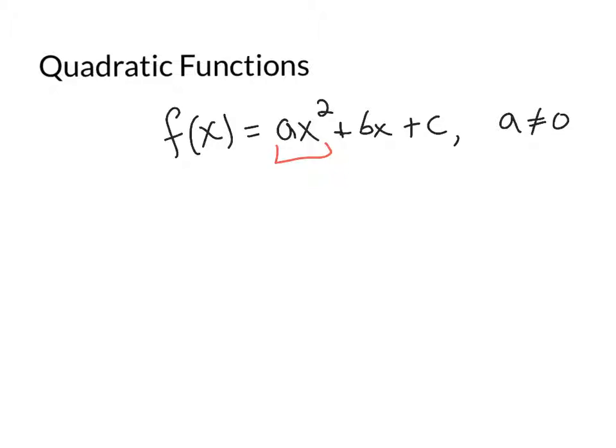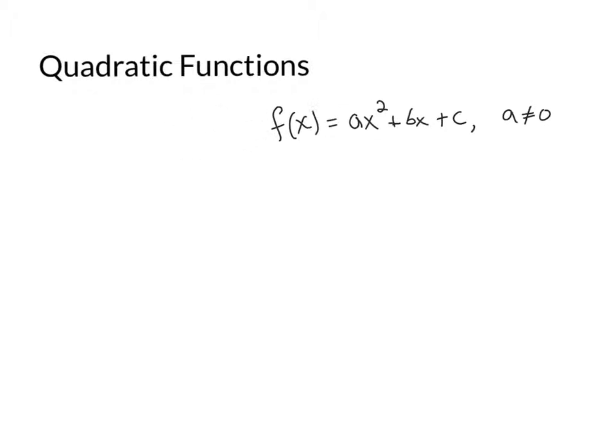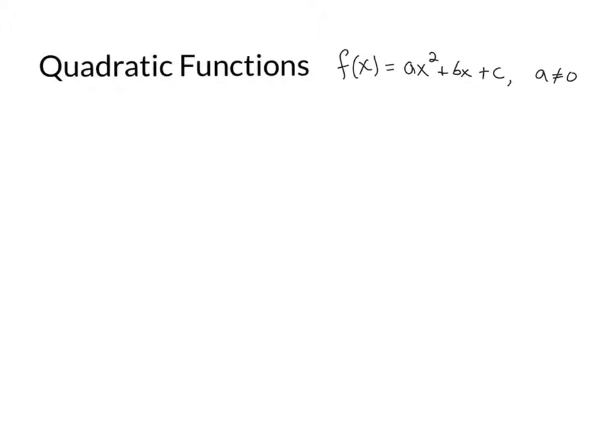If I didn't have this x squared term, if a was 0, then we'd be back in linear functions, and we really don't want them to be the same thing. All right. So with that said, let's take this form of a quadratic function and put it up here for reference.